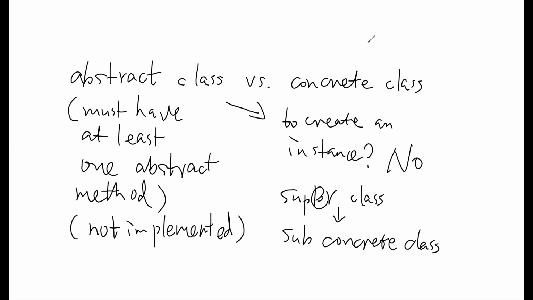And we also discussed polymorphism. Basically override reflects the polymorphism, and the dynamic binding.